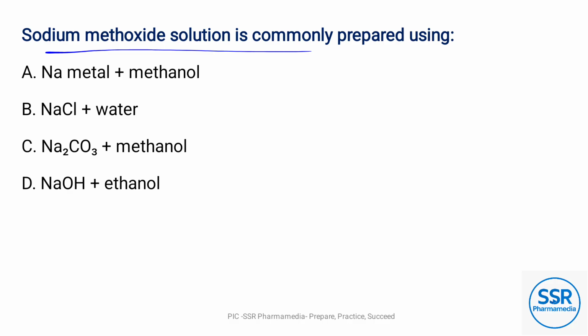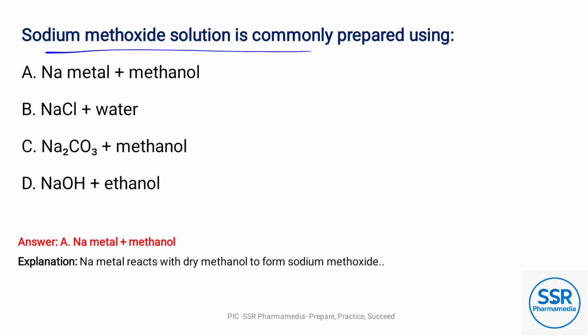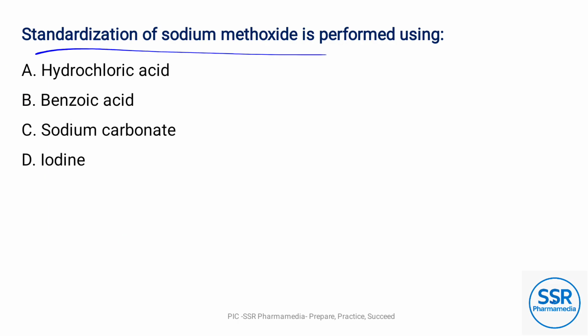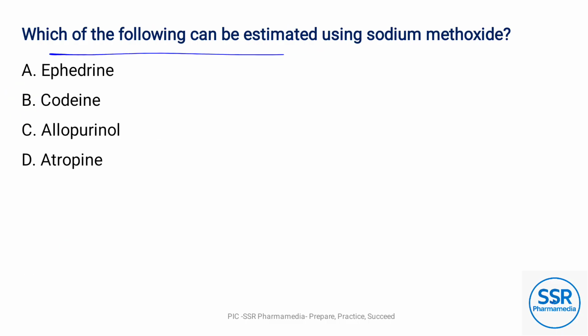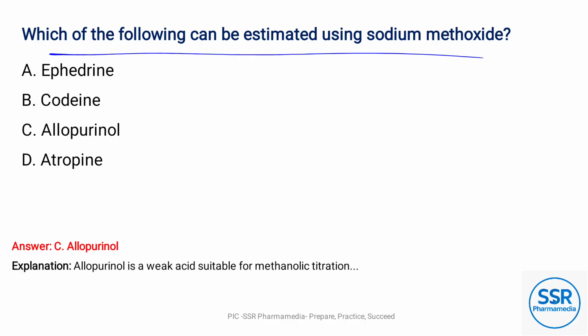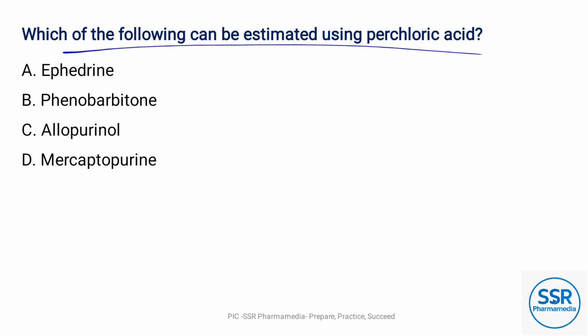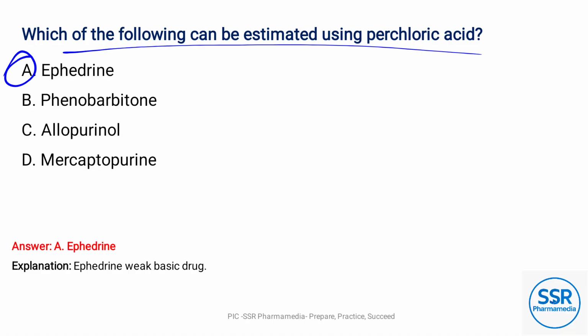Sodium methoxide solution is commonly prepared using option A, sodium metal plus methanol. Standardization of sodium methoxide is performed using option B, benzoic acid as a primary substance. Which of the following can be estimated using sodium methoxide? Option C, allopurinol. Which of the following can be estimated using perchloric acid? Option A, ephedrine.